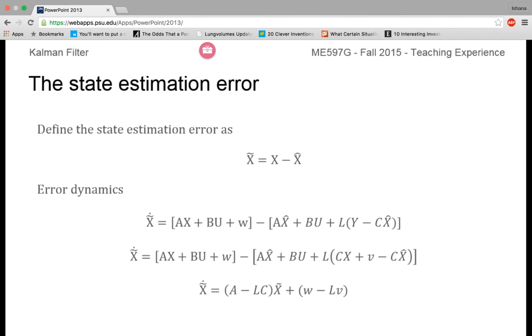So we consider an error in the estimation, which is basically x tilde, defined as the actual state value minus the estimated state value. Now you need to know that we do not know the actual x value at any time. So this is a concept, but we cannot directly find it since we do not know this value.